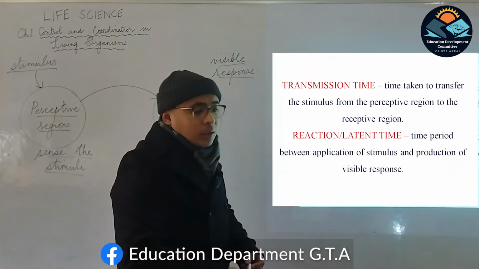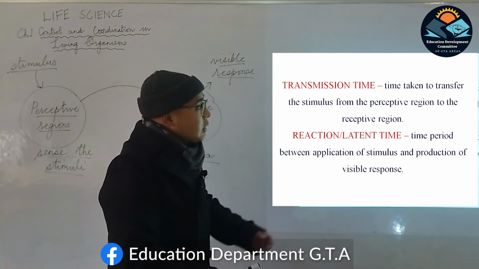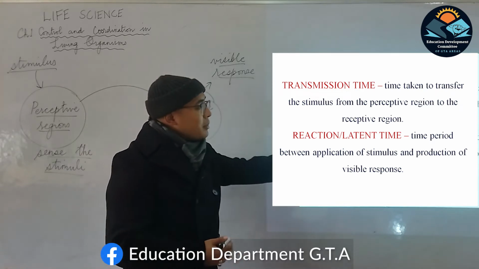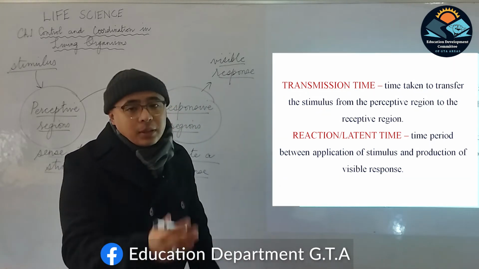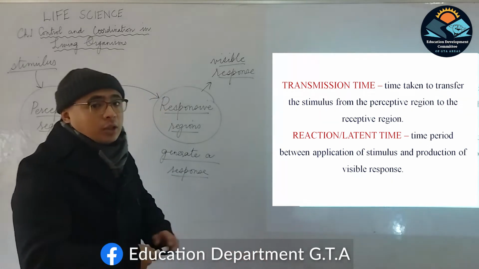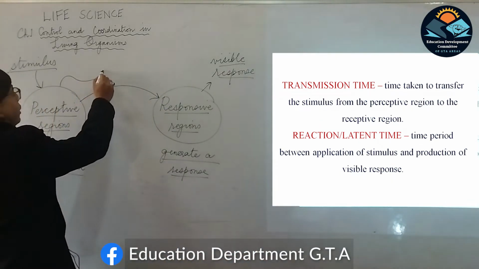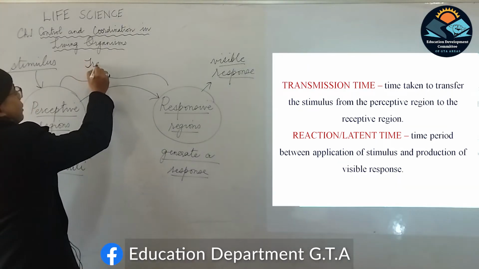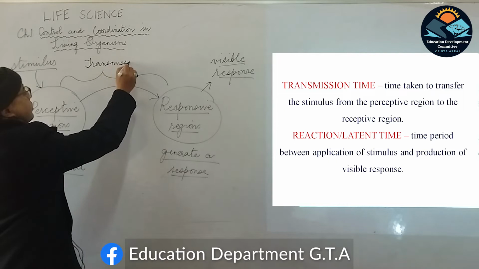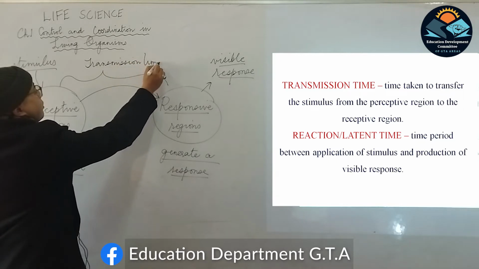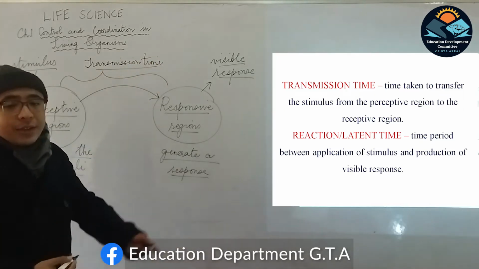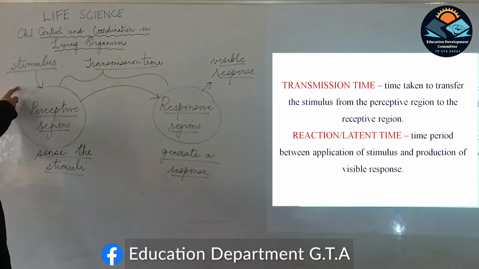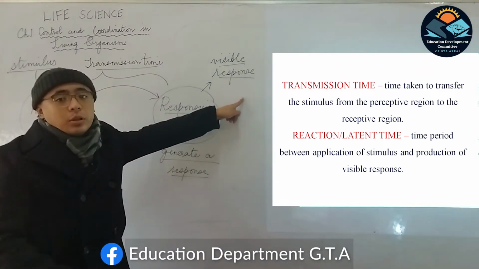Now, with regard to this, there are 2 concepts that we first need to know. The first is transmission time. Now what is transmission time? Transmission time is the time taken to transfer the stimulus from the perceptive region to the responsive region. So the time taken for the stimulus to go from the perceptive region to the responsive region is known as transmission time, whereas reaction or latent time is the time period between the application of stimulus to the generation of visible response.